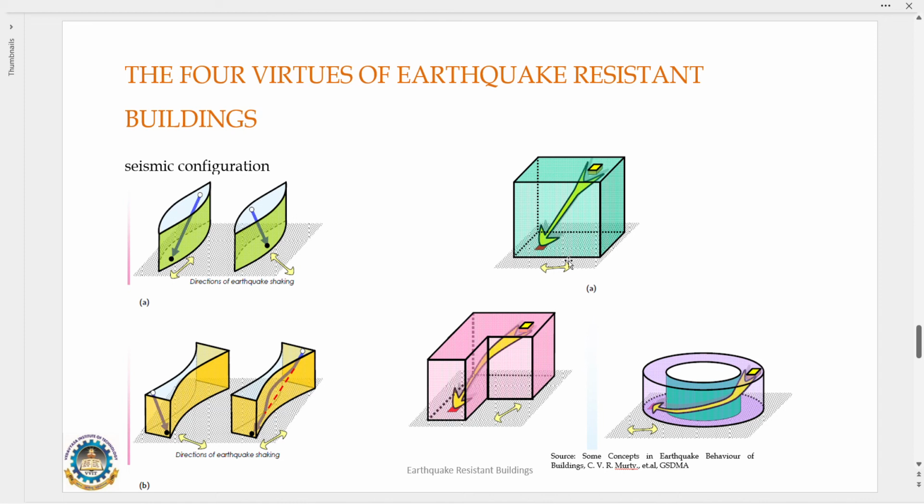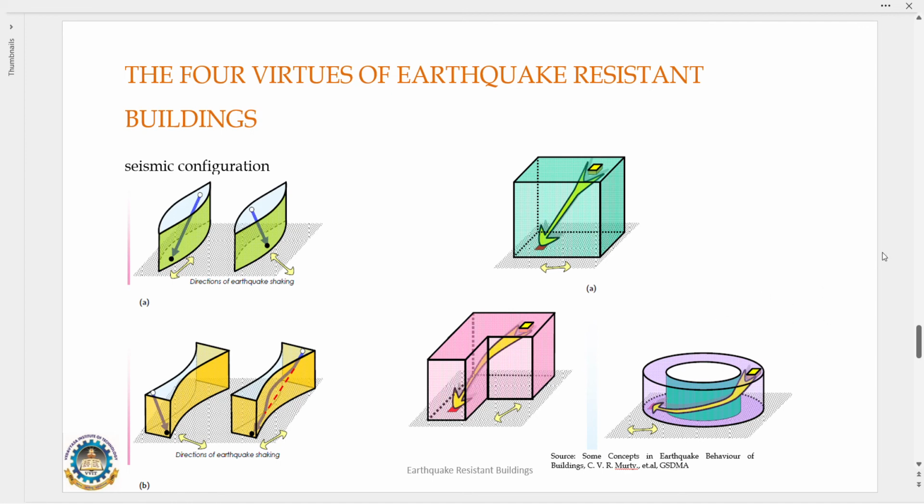But as you can see in the bottom two pictures, there are buildings with setbacks and central openings. There is a constraint in the flow of inertia force. The inertia force paths have to bend, here also it has to bend, in order to reach the ground. As you can see, it is clear in these two pictures. So that is about the first one, seismic configuration.